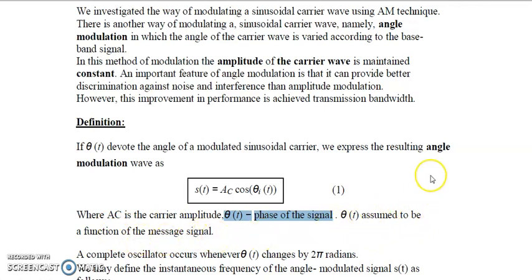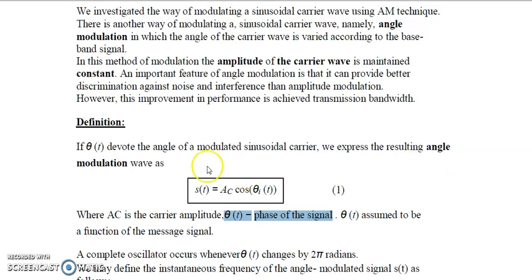Angle modulation means if the angle of the carrier signal is varied according to the angle of the message signal, then the modulated signal will have angle modulation.